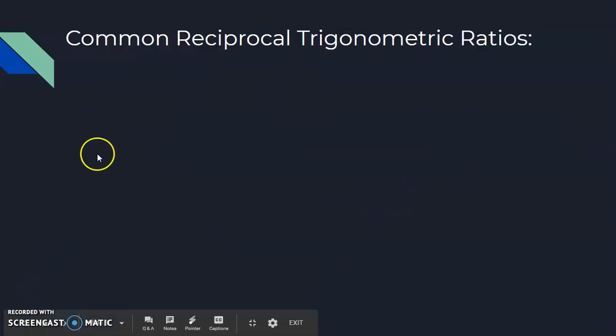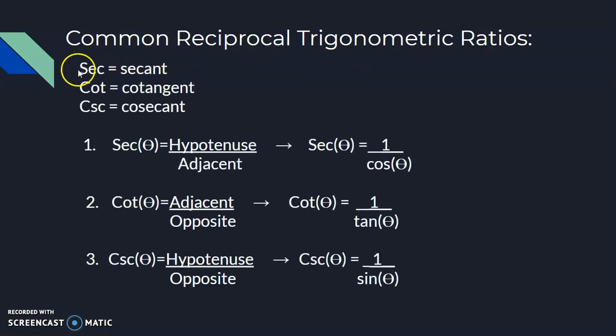So now introducing the three reciprocal trigonometric ratios. The three reciprocal trigonometric ratios are secant, cotangent, and cosecant. As you can see up here, these are the abbreviations of the three reciprocal trigonometric ratios. The first one is secant.